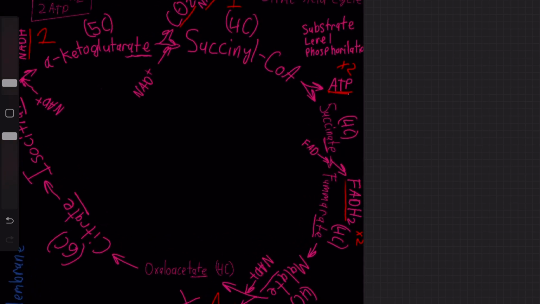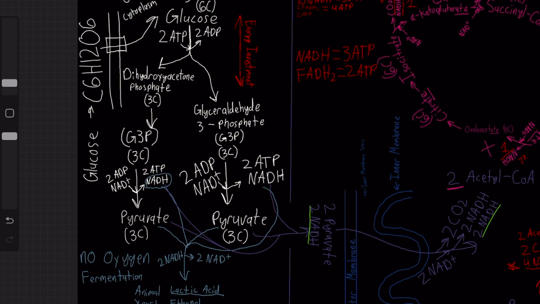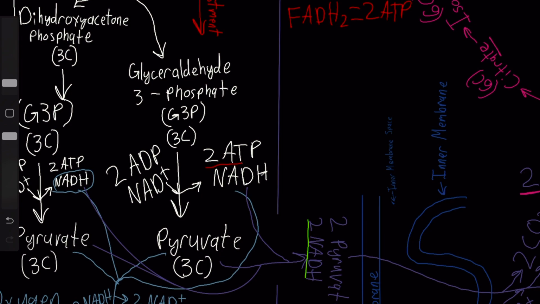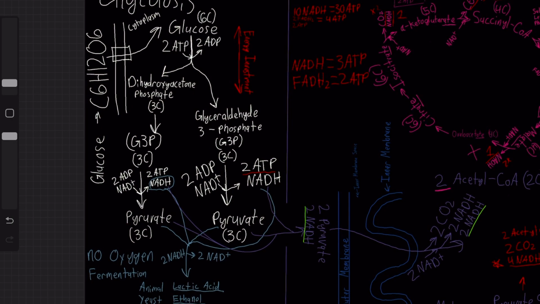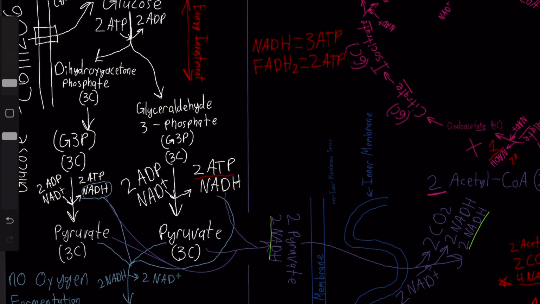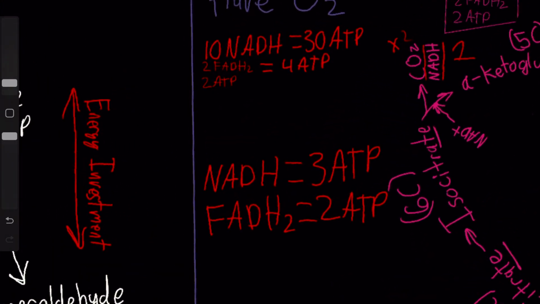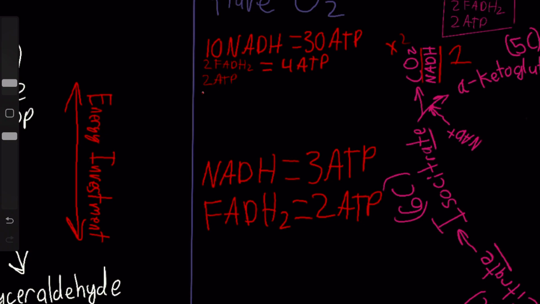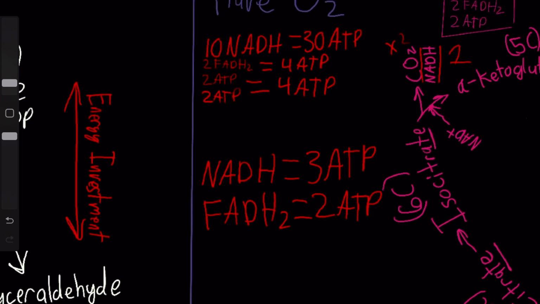We produced 2 ATP on this side, but remember we also produced 2 net ATP on this side. So the 1 ATP was used, the 2 ATP was used, but we also produced 2 net ATP. So that means we have another 2 ATPs, and those 2 ATPs will be another 4 ATPs. A lot of numbers. And this will equal 38 ATPs.